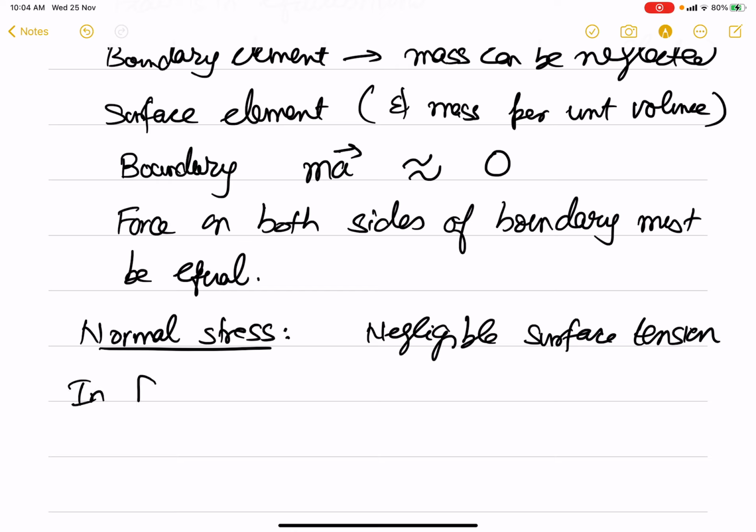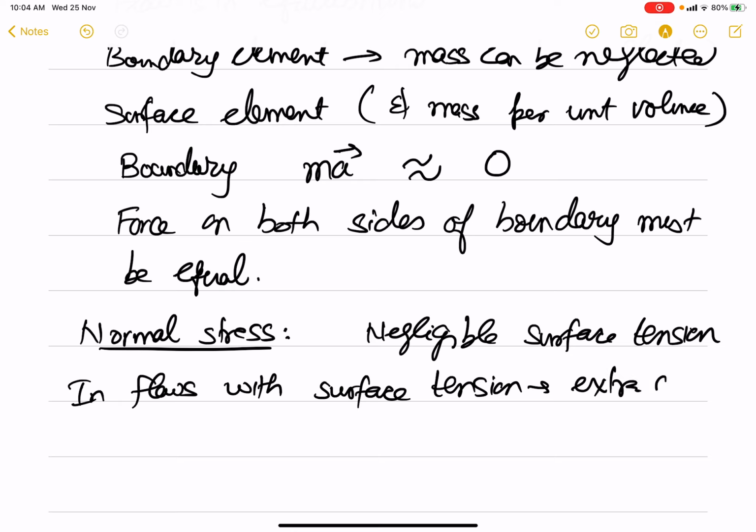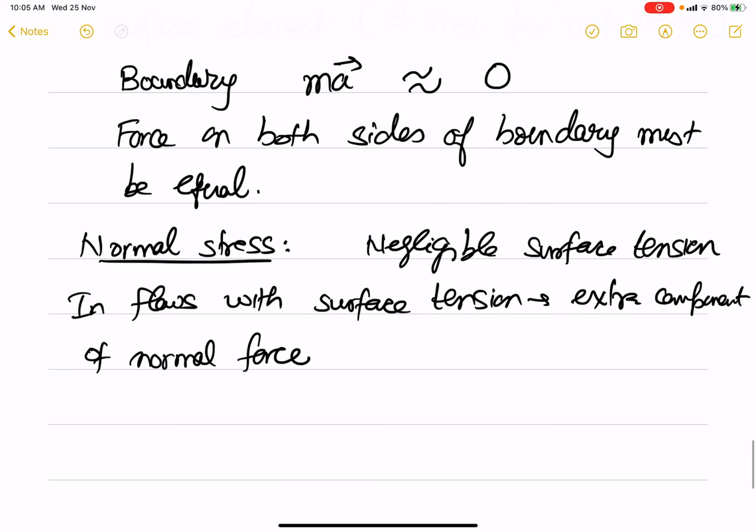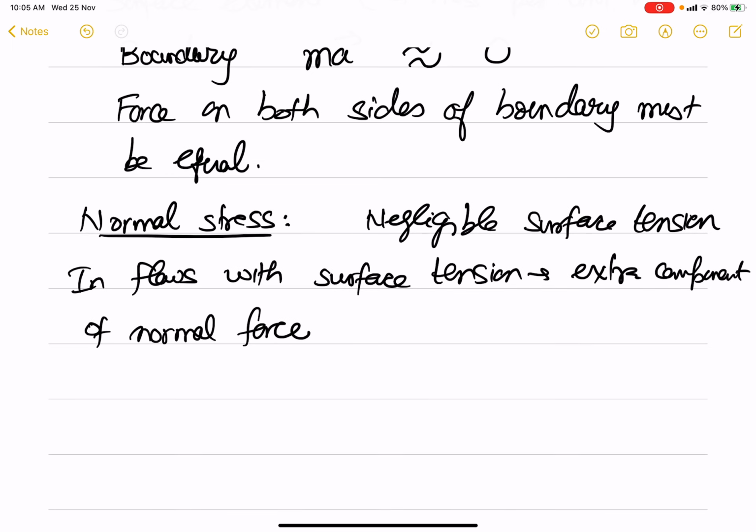In flows with surface tension, there is an extra component of normal force, and this also has to be accounted for. So this normal stress, we will assume in flows with no surface tension. Otherwise, if you come across flow with surface tension, you'll have to do a force balance, including surface tension.